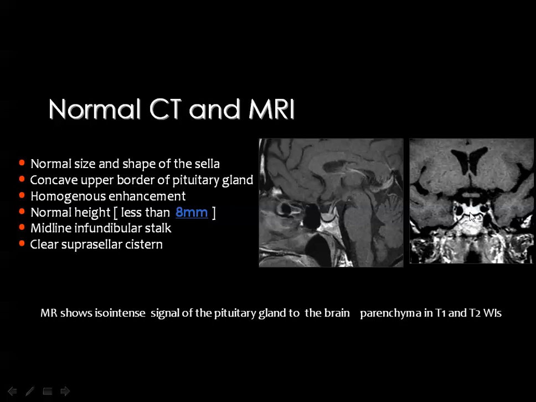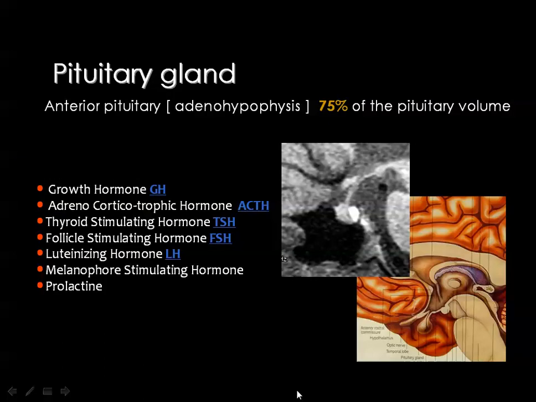The distance between the sellar floor and the top of the pituitary gland is less than 8 millimeter. The infundibular stalk is located in the midline, as seen in the coronal images, and the suprasellar cistern contains CSF, as you can see here. Then if you have the sagittal images before injection of contrast media, you can differentiate easily between the posterior pituitary and the anterior pituitary, because the posterior pituitary contains more fat and more triglycerides.